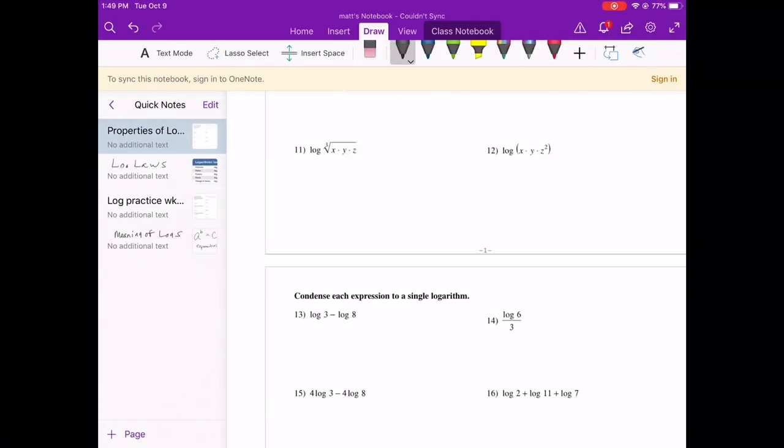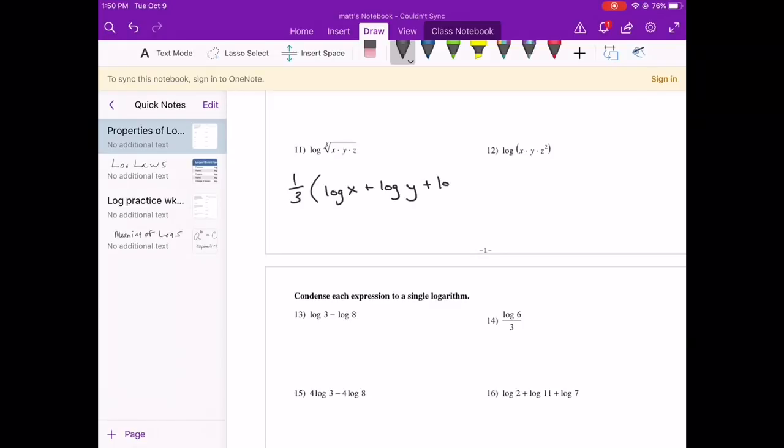So going back to my properties of practice, everything is going to be multiplied by 1/3 because of the cube root. And then inside of here, I'm going to add each individual log because I'm multiplying. So log of x plus log of y plus log of z. And hopefully you can see how that works there.